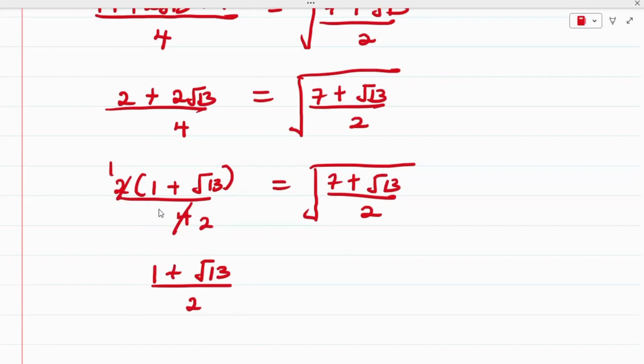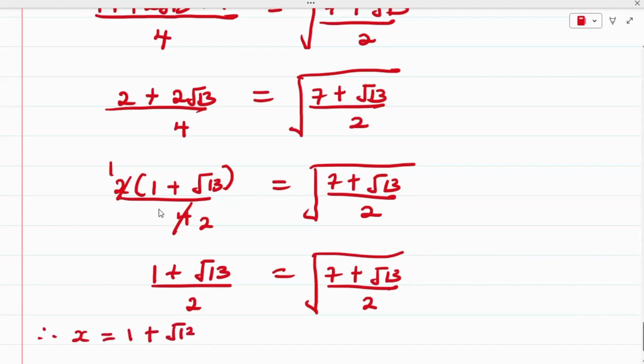So 1 plus root 13 over 2 is equal to the square root of 7 plus root 13 over 2. Now, if you simplify this using a calculator, you're going to find that the left-hand side is equal to the right-hand side. So therefore, x equals 1 plus root 13 over 2 is a valid solution.